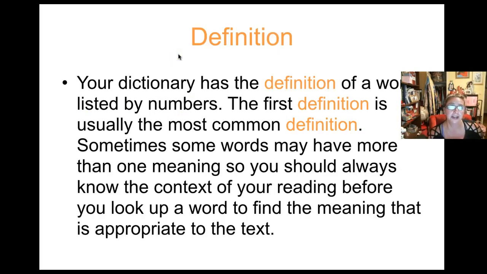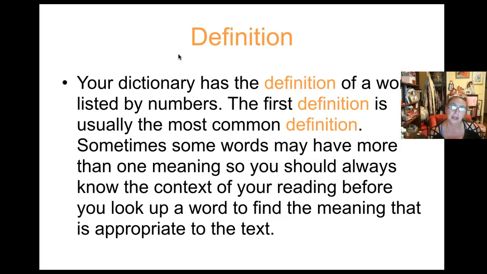Definition. Your dictionary has the definition of the word listed by numbers. The first definition is usually the most common definition. Sometimes words may have more than one meaning, so you should always know the context of your reading before you look up a word to find the meaning that is appropriate to the text. For astronaut, you only have one definition, but there are other words in the dictionary that have multiple definitions.